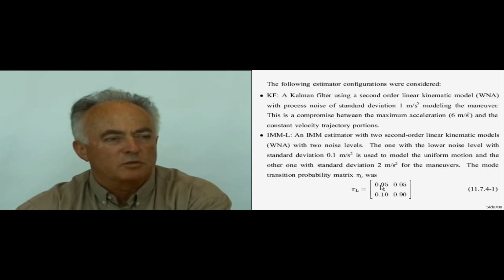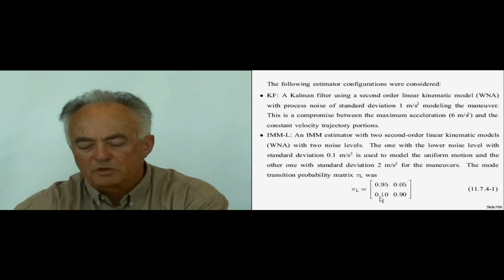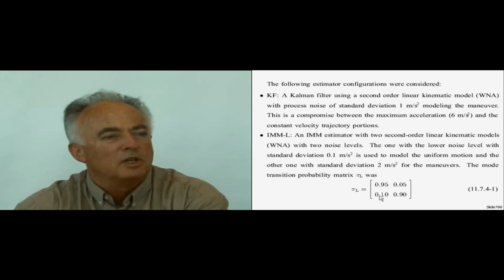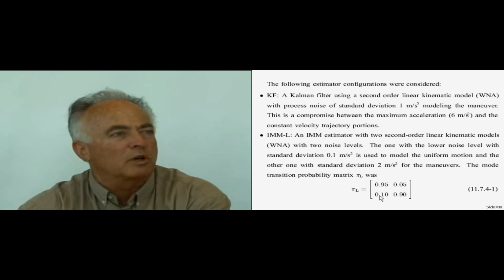If it doesn't maneuver, it will continue not maneuvering. 0.05, it will start maneuvering. If it is in the middle of a maneuver, with 90% it will continue maneuvering, 10% will get out of maneuver. It's a little bit different than what we've seen before, and possibly this is a more realistic model.